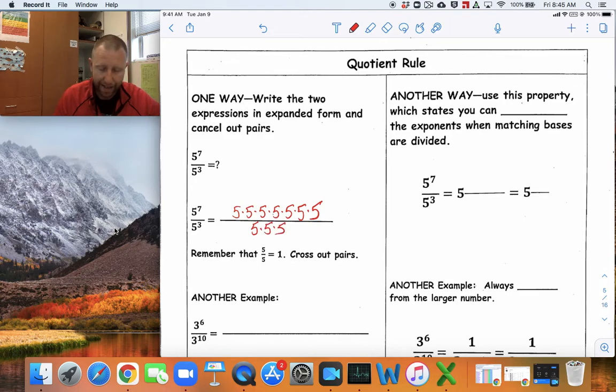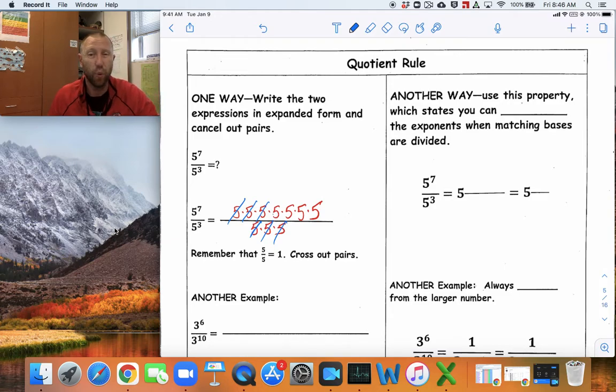I can cancel out pairs, right? If I have the same thing in the numerator that I have in the denominator, those cancel each other out. So here I've got boom, boom. Those cancel each other out. 2 more cancel each other out, and then the last 2 cancel each other out. Well, what am I left with? I'm left with nothing on the bottom, right? When we say cancel out, they really simplify to 1, right? 5 divided by 5 is 1.